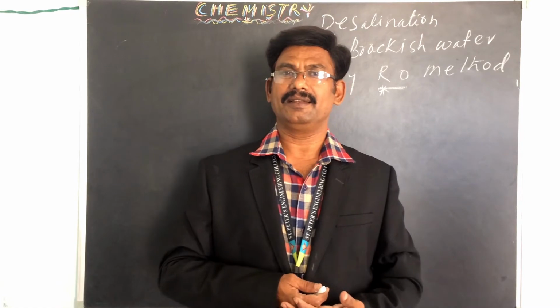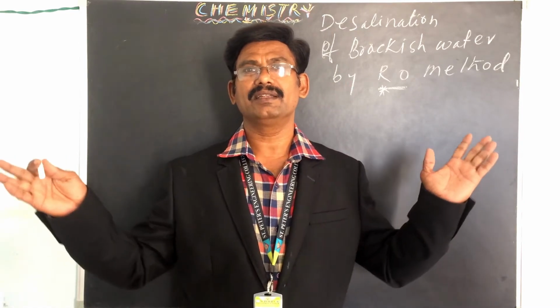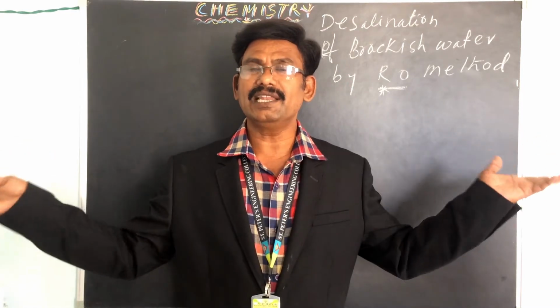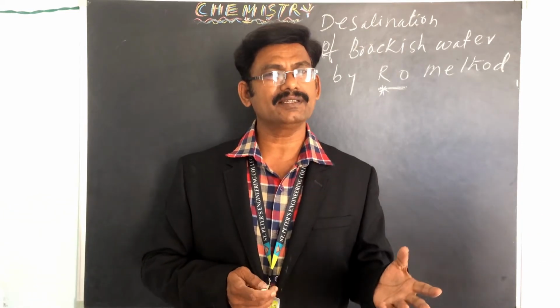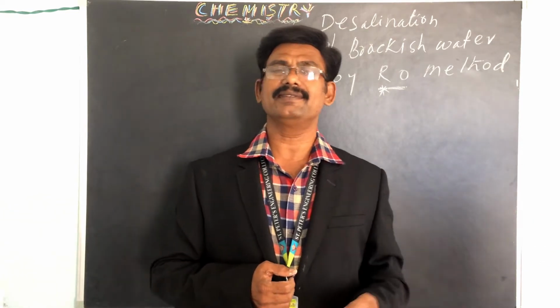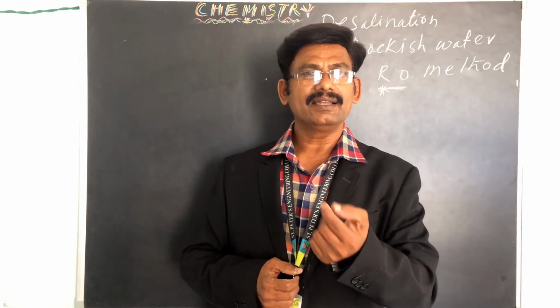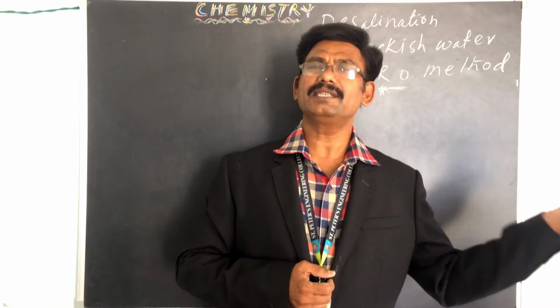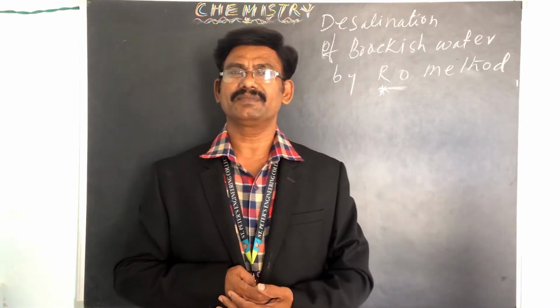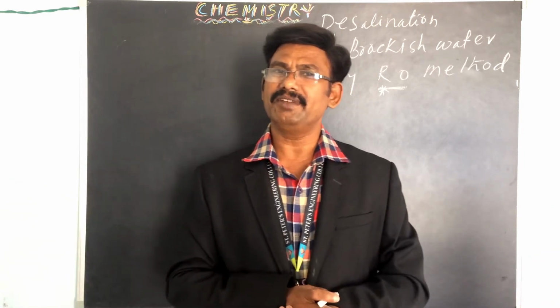Then regeneration, the process, and the diagram. How many cylinders are there in the diagram? Three cylinders: the cation exchange cylinder, the anion exchange cylinder, and the degasifier using a vacuum pump. This is about external treatment of water. All these treatments we have learned.